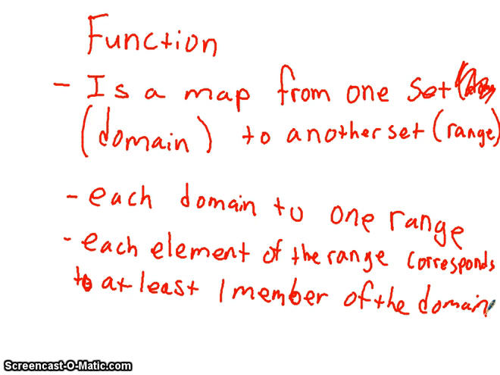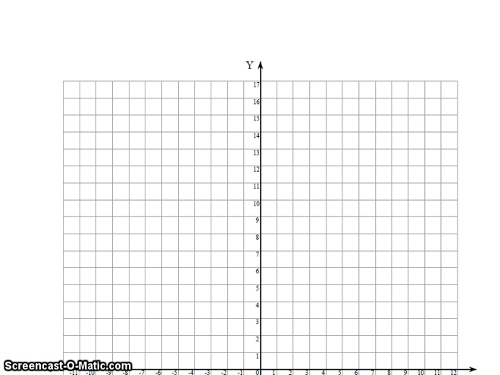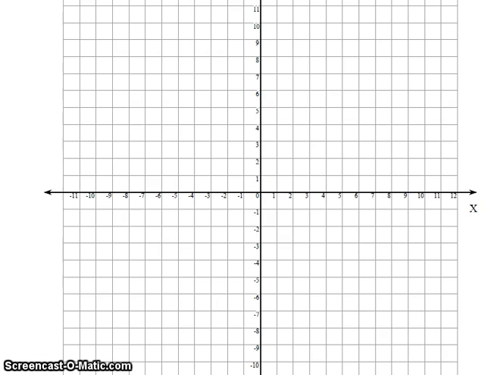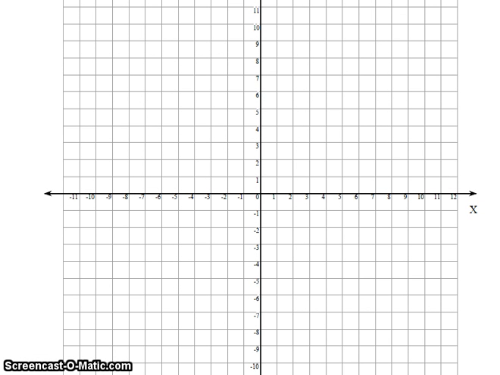All right, so let's give it a shot. All right, and I am going to switch over to a graph. If I can do this. Right, there we go. I'm going to switch over to a graph to help us illustrate that. All right, so if my domain and range is this, here's my function.